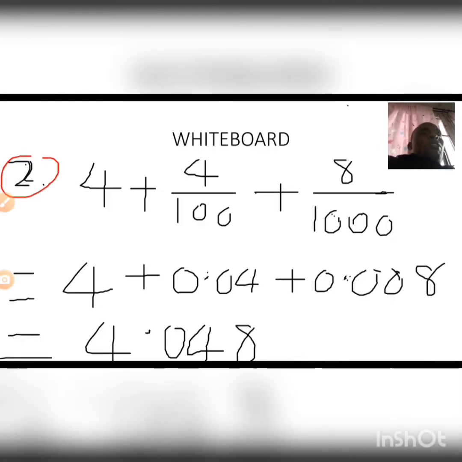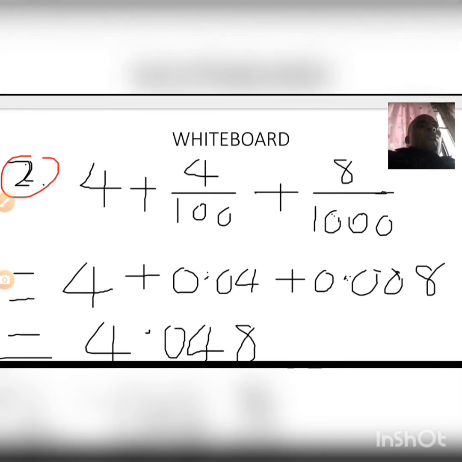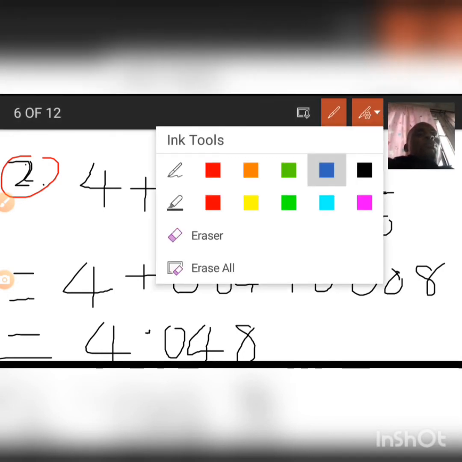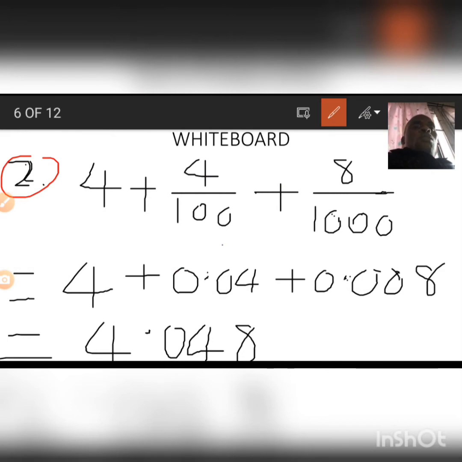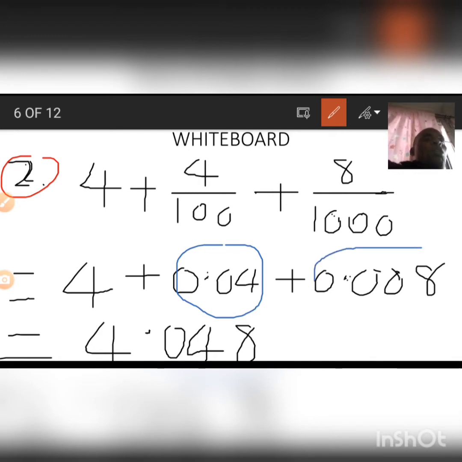So when we do this, we are going to get the following. First, 4 over 100 will give us 0.04. 8 over 1000, shifting the decimal point 3 times, is going to give us 0.008. So the same way, we are going to combine these decimals. 4 is a whole number, so it's going to be 4.0, because the first position is not occupied by any number apart from 0.